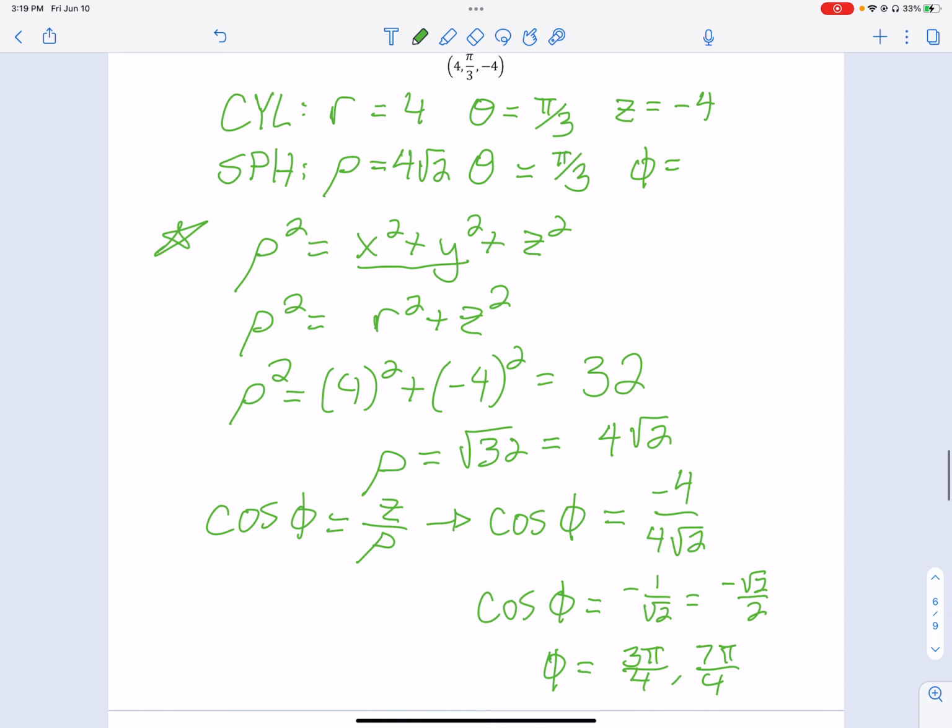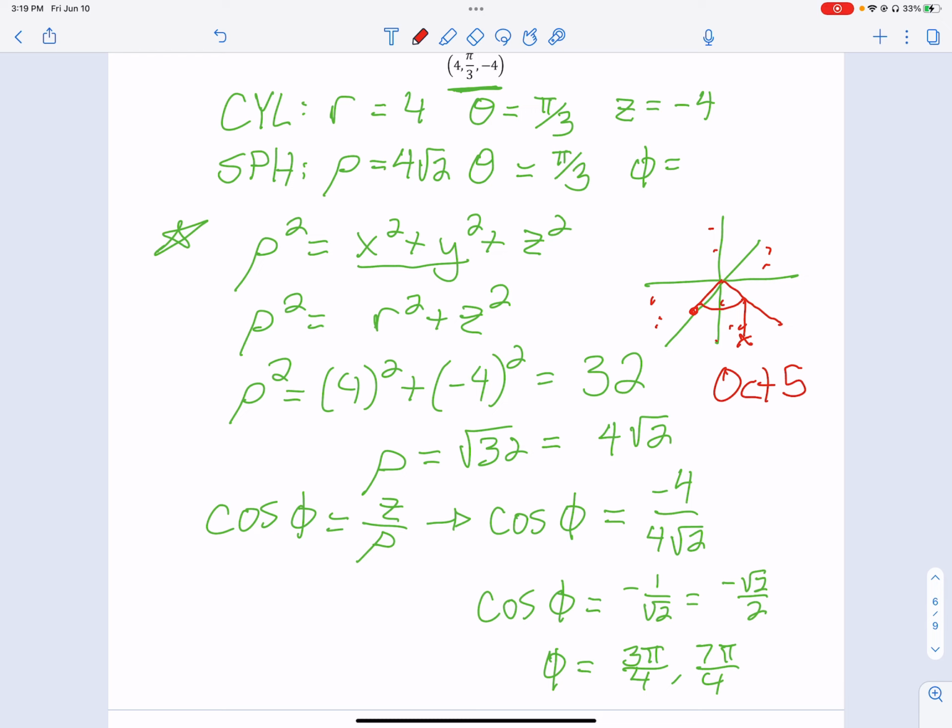Let's look and see why it would not be that. This is r is 4, so if we draw a coordinate system, r is 4. And then pi over 3, that's going to put me somewhere in here, and then down. So it's actually below, and that is in octant 5. So we need to make sure our answer is also in octant 5, but we don't even need to consider z. We know it better be the same thing that's in quadrant 1.